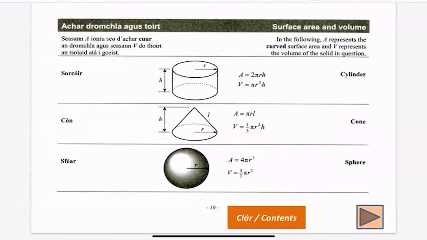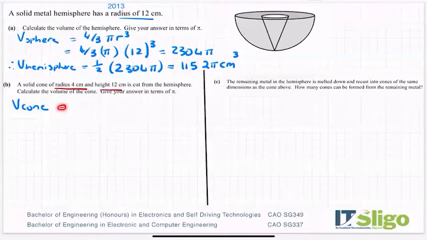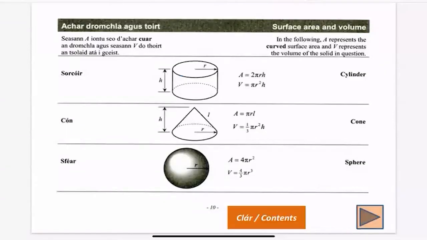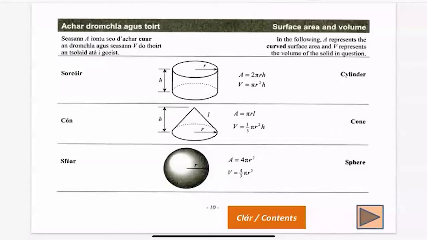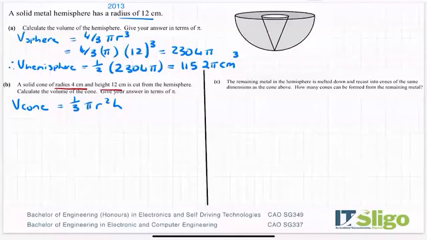So again, V for volume, this is my cone: a third pi r squared h, where h is the height of your cone and r again is your radius.